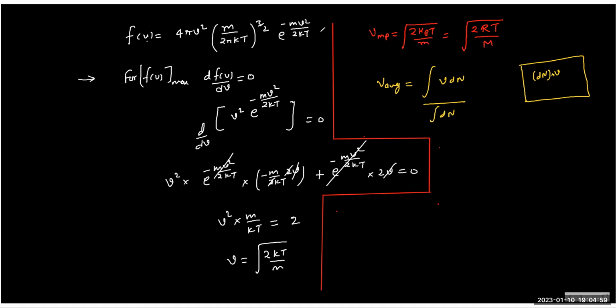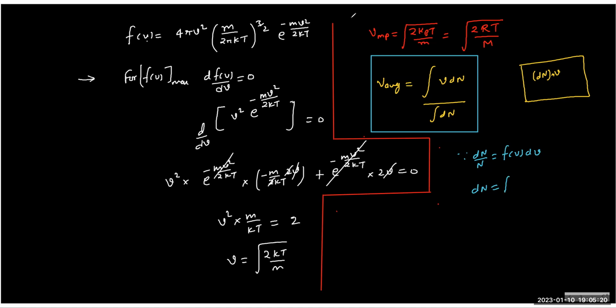So what you must understand here is how to write the average formula. Again, the dn by n will be given to you. And we know that dn by n we can always write as fv dv. So dn we can always replace by which relation? N times fv dv. Understood?